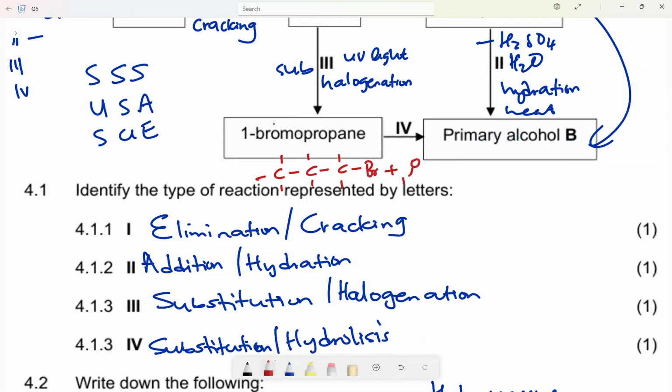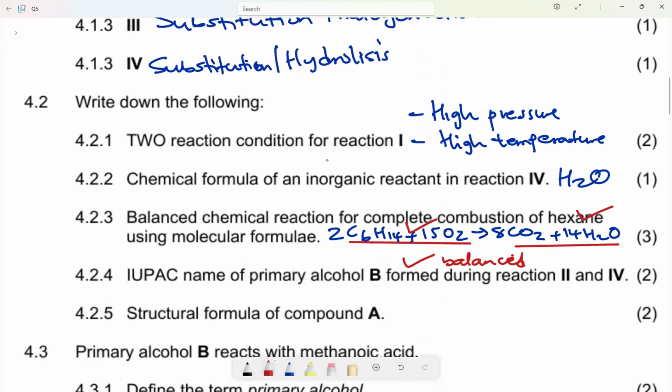Water is OH and H. So what will happen? We will substitute this Br with this OH. Then it's going to form CCC, OH. So can you see? The position did not change. It's still 1.